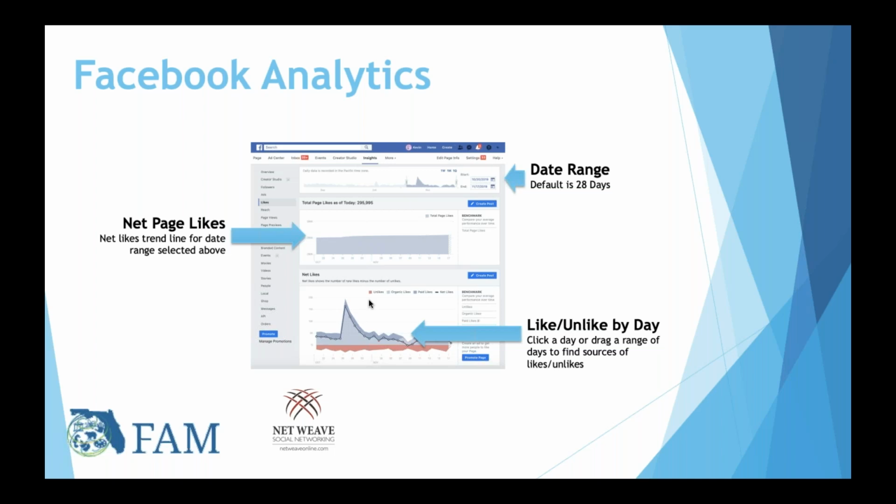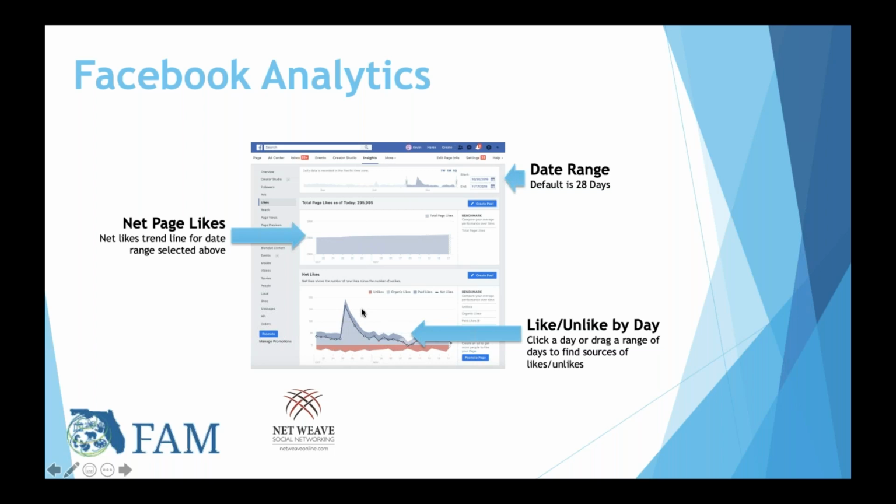You can actually see the reasons for the unlikes by clicking and dragging across any of the dates in this chart. Then it'll show you the reasons for likes, and there's a toggle you can switch to unlikes and see the reason. And you'll see deactivated or memorialized accounts. Those are people who have either quit Facebook or died.